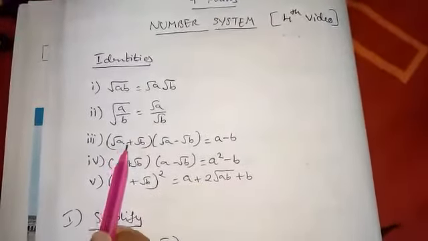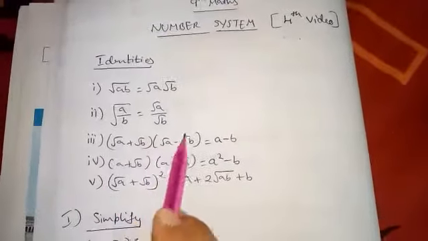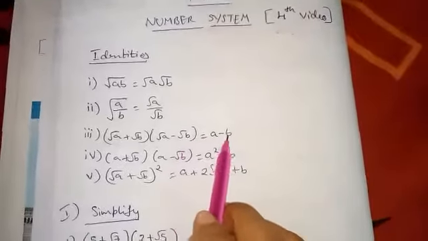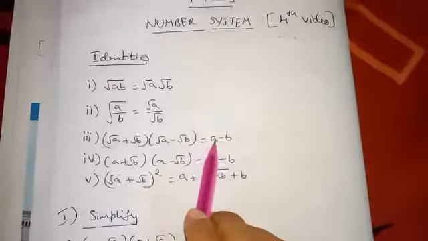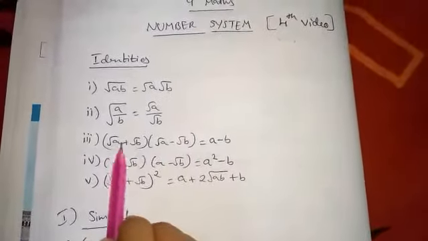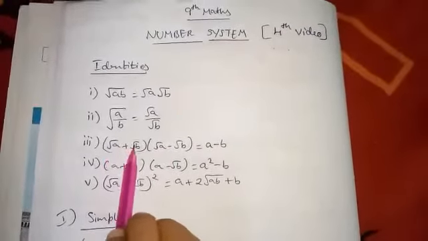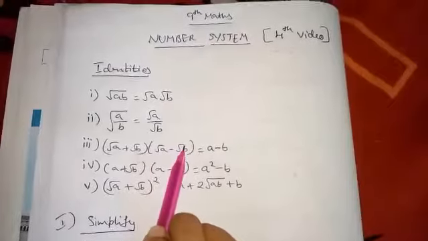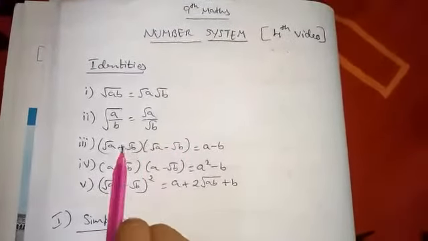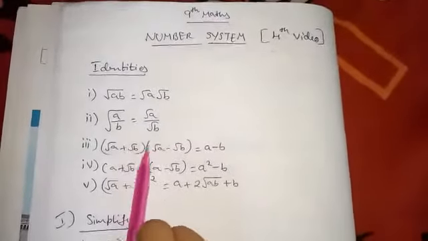Next, (root A plus root B) into (root A minus root B) is equal to A minus B. See, both the numbers are the same. Here the same letters are repeated, root A and root B, but only the sign has changed, plus and minus.